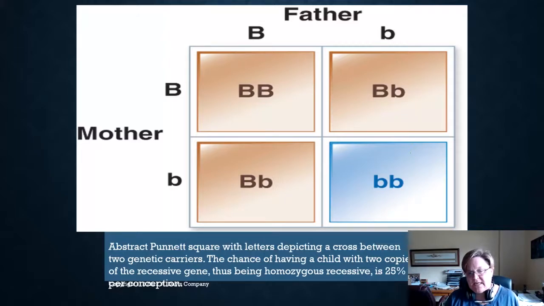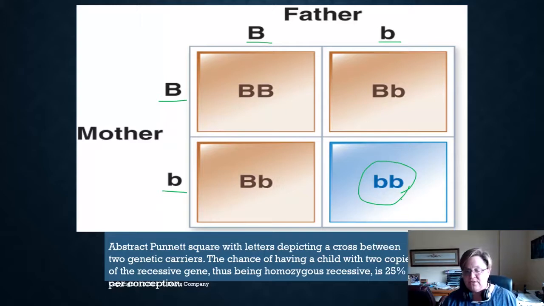This is the same example really that we had earlier with different letters. So we have a dad with a dominant and a recessive, and a mom with a dominant and recessive. And so the chance of having a child with two copies of the recessive gene, so blue eyes perhaps in this case, is 25%.